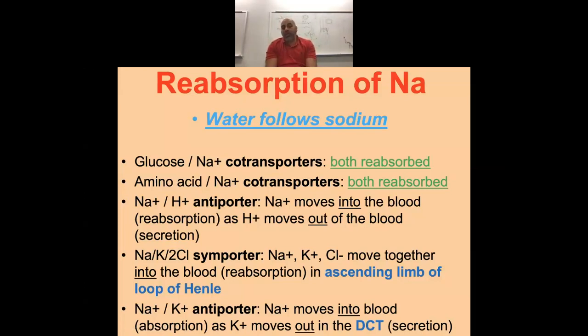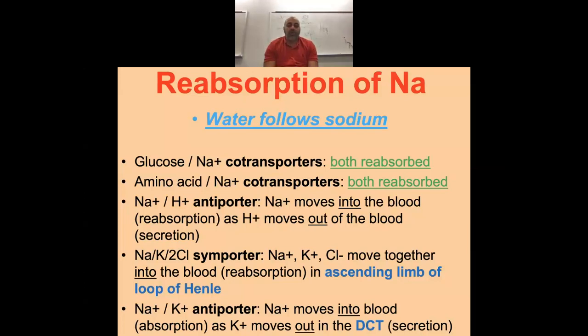So if I have too much sodium in my blood and I start getting rid of sodium in my urine, I have to pull hydrogen in. If I have too little sodium in my blood and I pull the sodium back in, the hydrogen goes out. They can flip. Okay? Antiporters can flip.